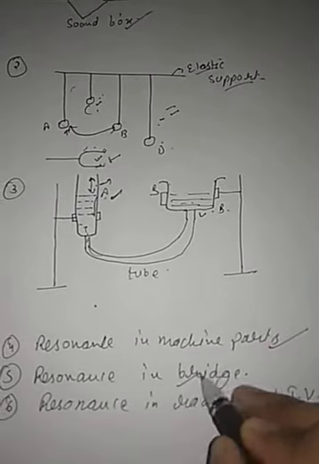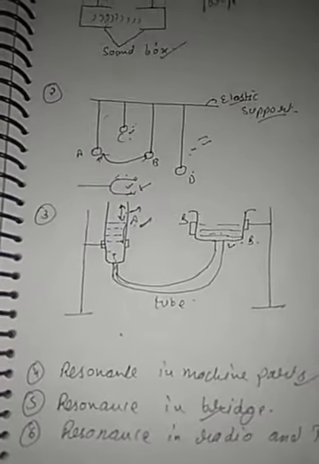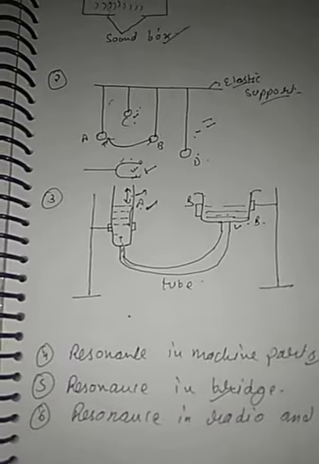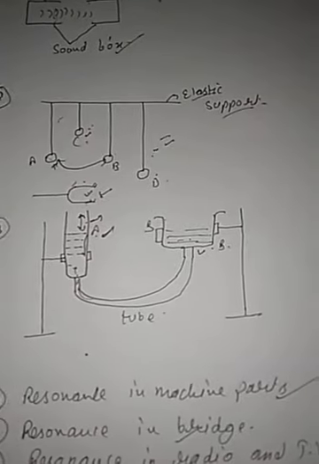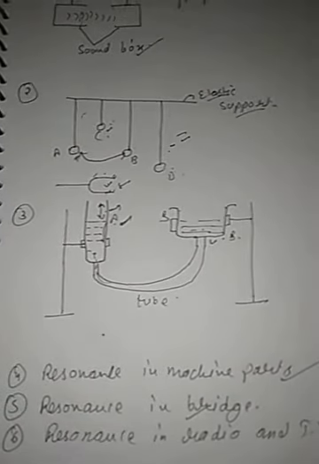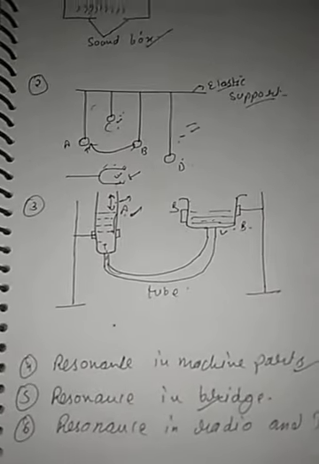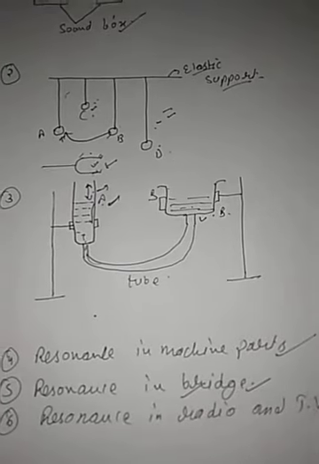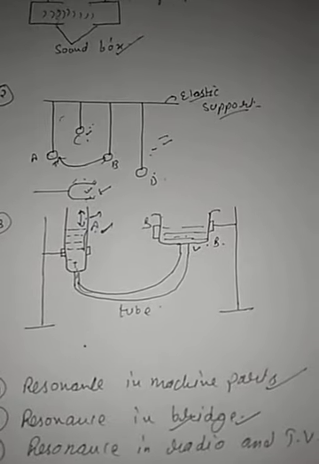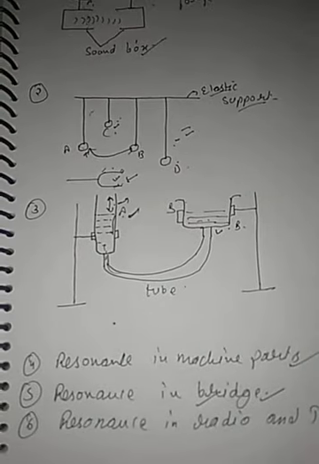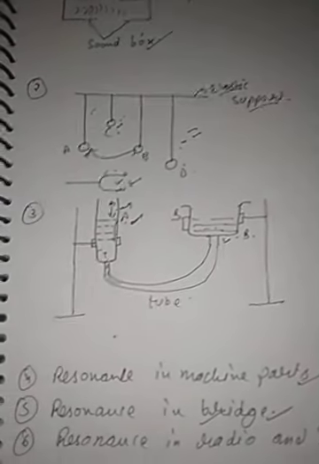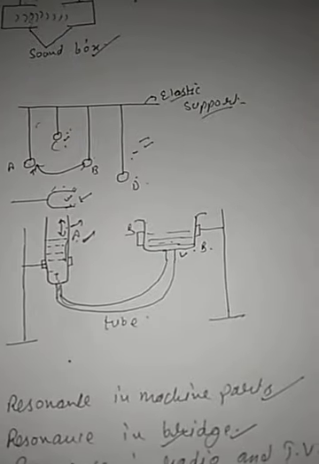Resonance in a bridge. When troops cross a suspension bridge, the soldiers are asked to break their steps, because when soldiers march in step, each soldier exerts pressure on the bridge.